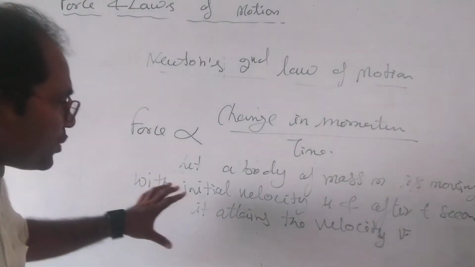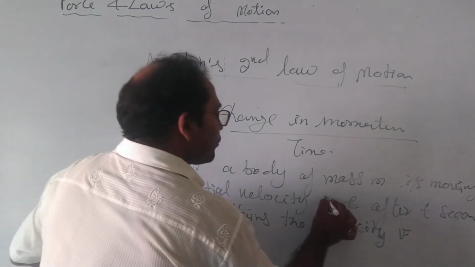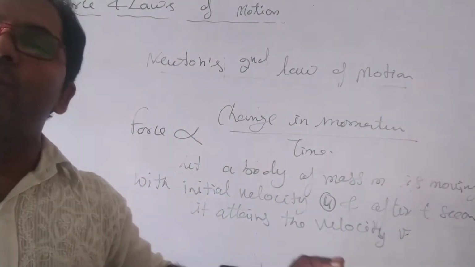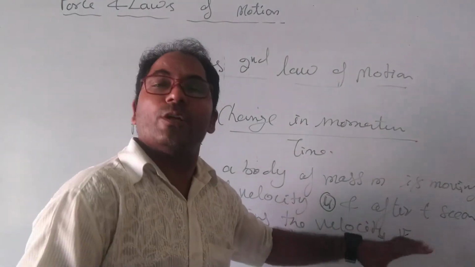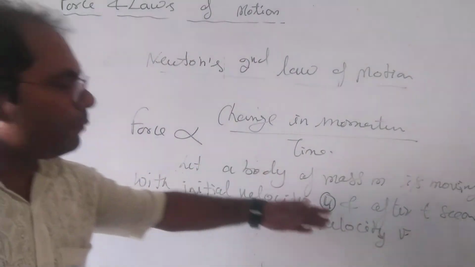Because when the object is moving with initial velocity u, the initial momentum will be mass into velocity, mu, and when the velocity changes to final velocity v, the final momentum will be mv.